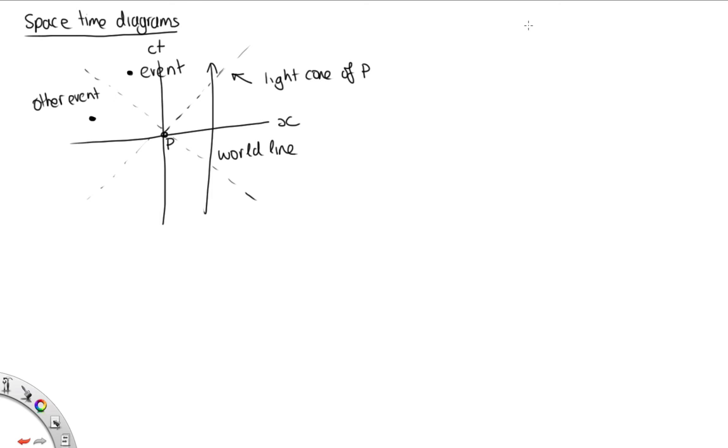Now let's have a look at how we would draw the axes for a primed frame S dash travelling with velocity u on these axes for P, which are drawn in the frame S. So this is in S, and we want to draw our axes in S dash.